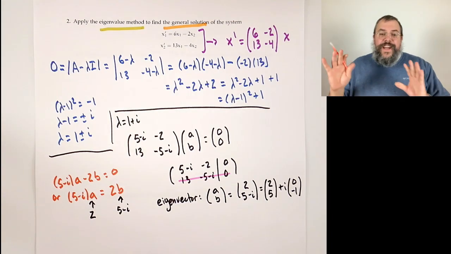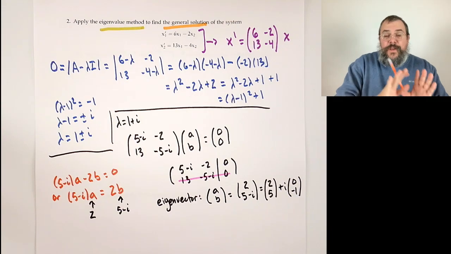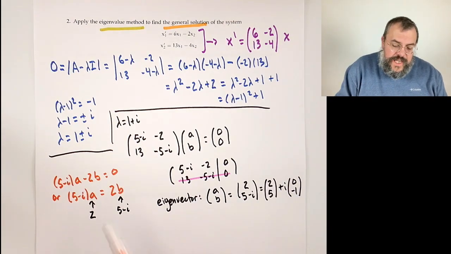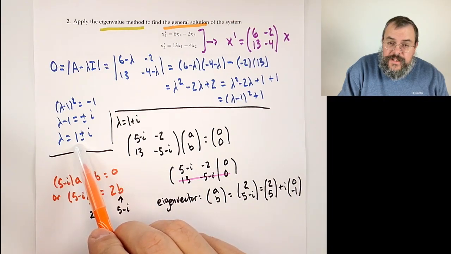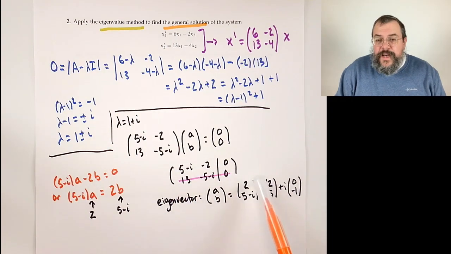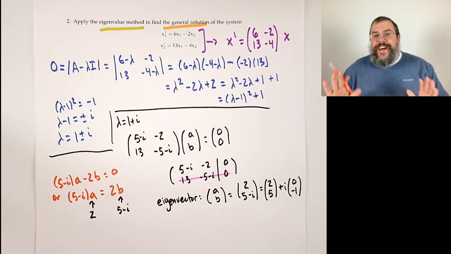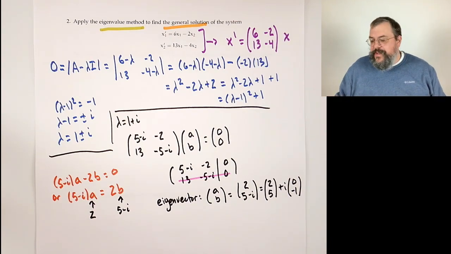So we've got to translate these eigenvalues, eigenvectors into functions. The way it happens is you would take e to the eigenvalue t, so in this case, 1 plus I t, times eigenvector. Now, the problem is we don't like complex solutions. We want to find something real. Keeping it real, that's our goal.